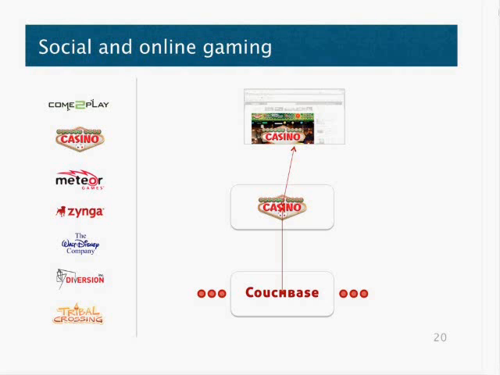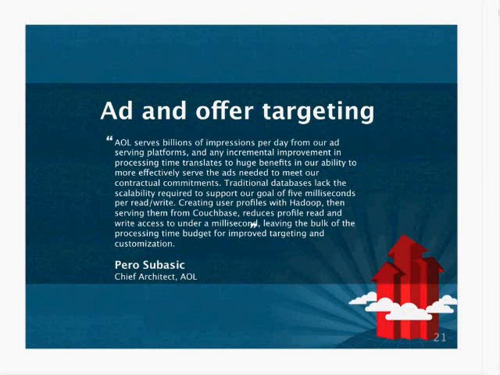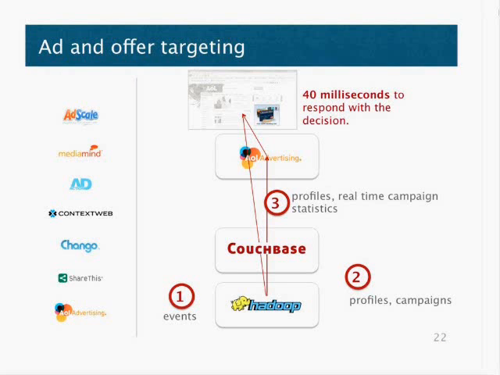Another area where low latency matters a lot is when it comes to ad serving. The online ad market has changed a lot in recent times, especially when it comes to real-time ad exchanges and so on. What is happening is that basically a page is loading, and now there is a spot to show an ad in.